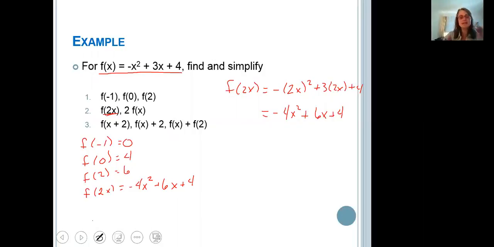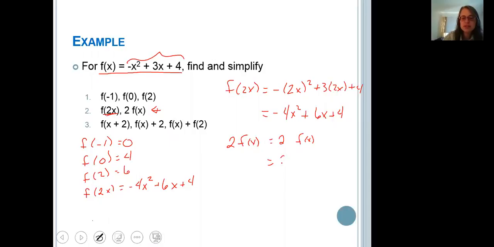Let's see how that is different than 2 times f of x. This 2 f of x, what that really means is 2 multiplied by f of x. But what is f of x? F of x is this.